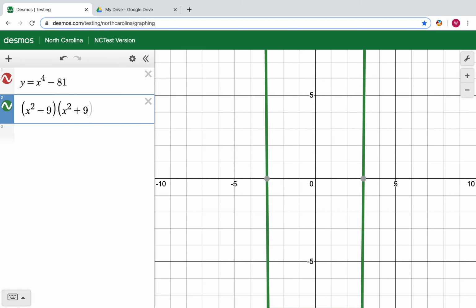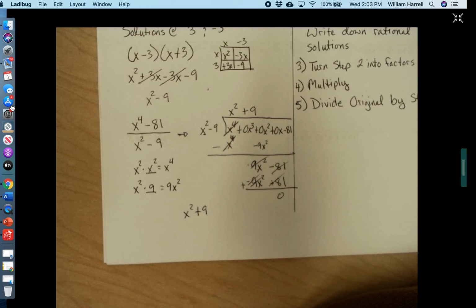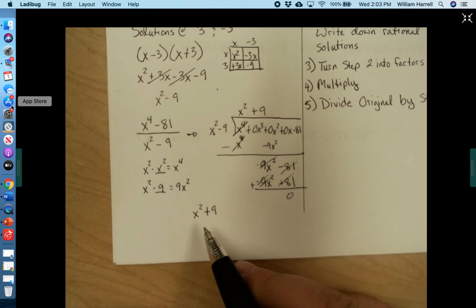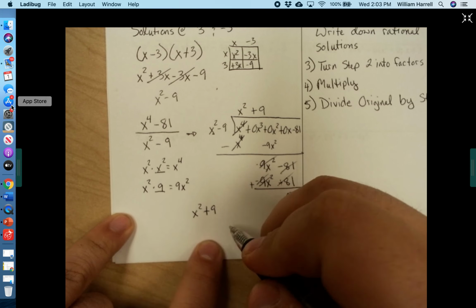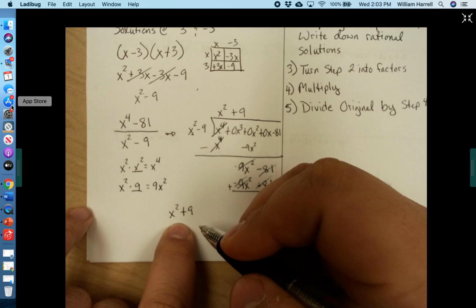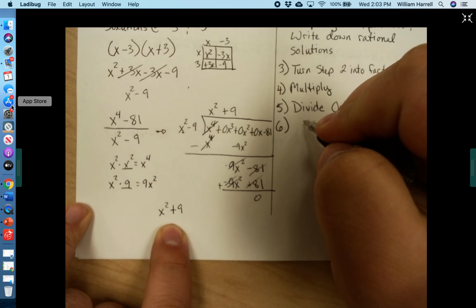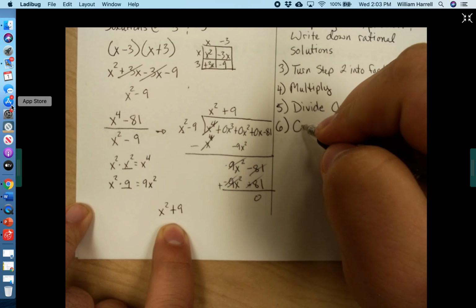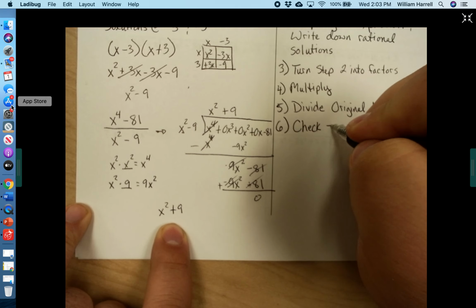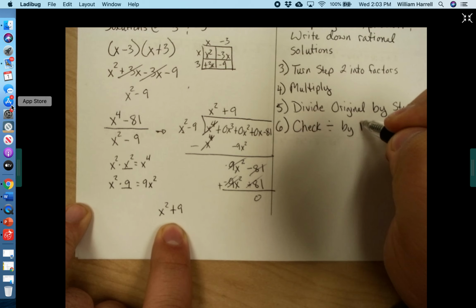The reason I do this is because if my graphs overlap, then mathematically I was right when I divided. I don't want to get to the end of the problem and realize that I messed up somewhere, okay? So after I've done this, this is what's left over, and this is my quadratic. Once you do all of that, I would say step 6 would be check division by Desmos.